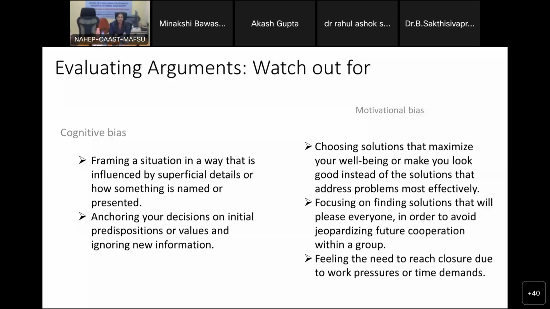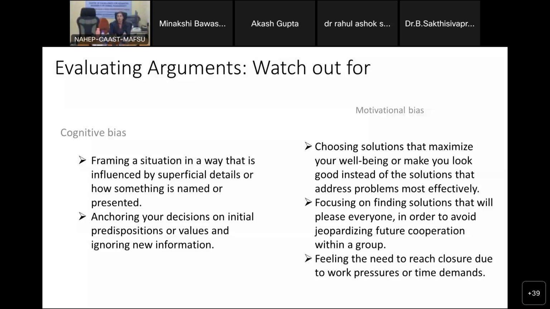So you are focusing on finding the solution that will please everyone, right? Because everybody is happy with okay, so let it be. Don't do that. That is not how it should be. So when you argue, no other person will get hurt. Sometimes argument does not mean fight, and that's where people go wrong.